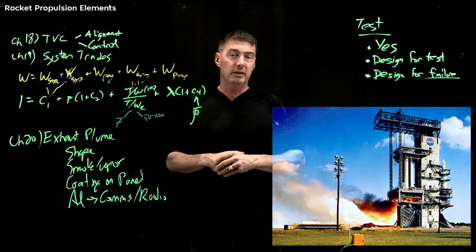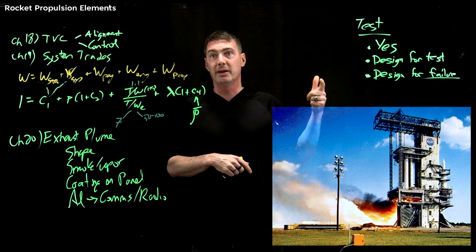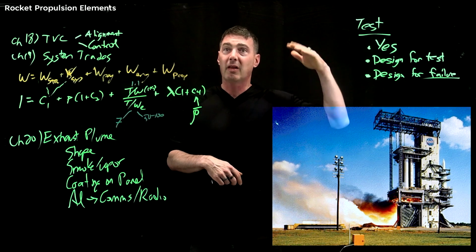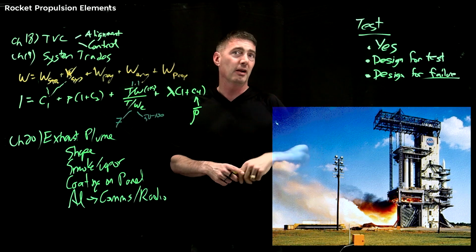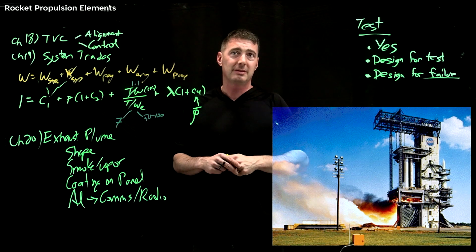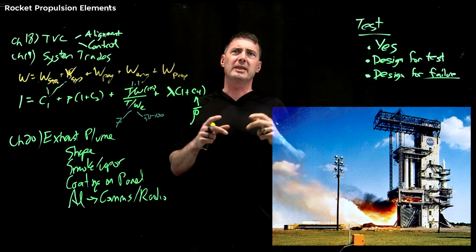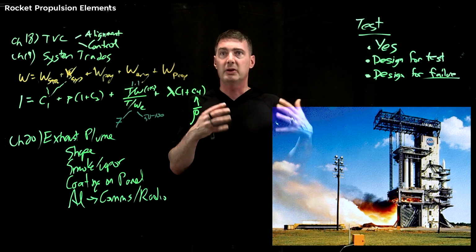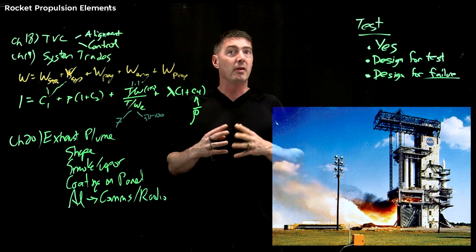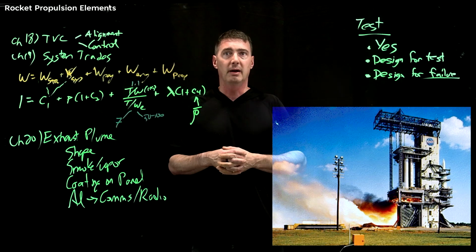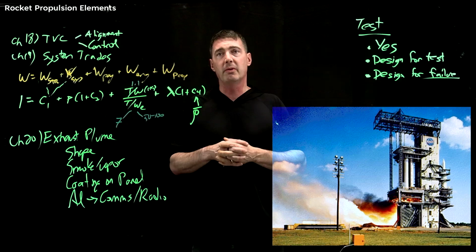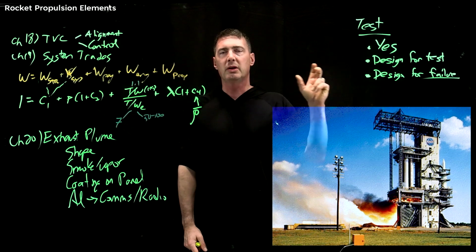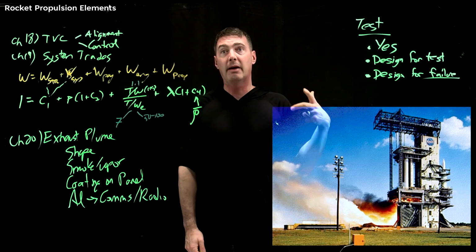And so when you rev your vehicle for the next flight, you take care of the glaring, most likely cause, but you take care of some of the other ones too. Not necessarily just in case, but also it's amazing what failures do to retrospectively highlight a few things that were weak in the design. It's just historically humans being humans, that usually only comes to light after a failure.